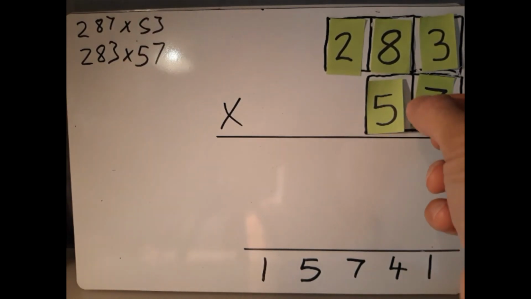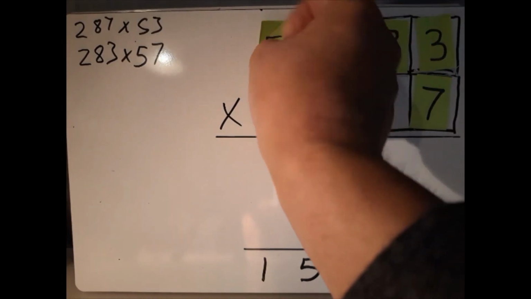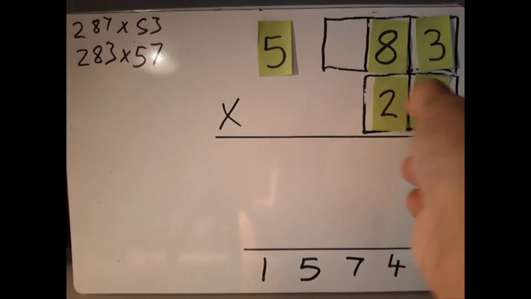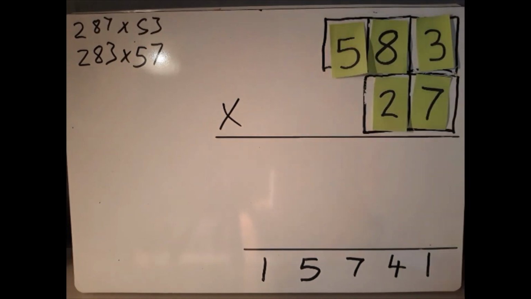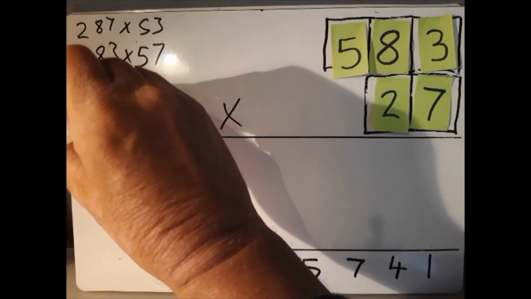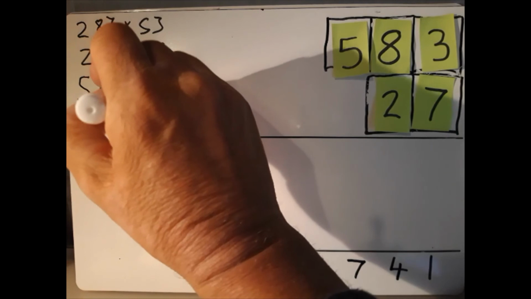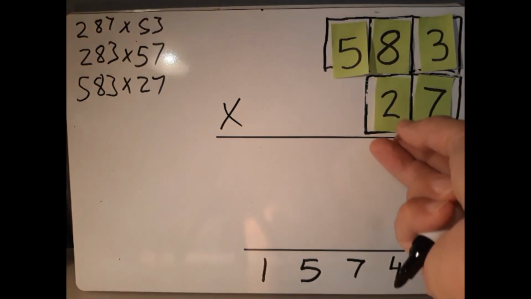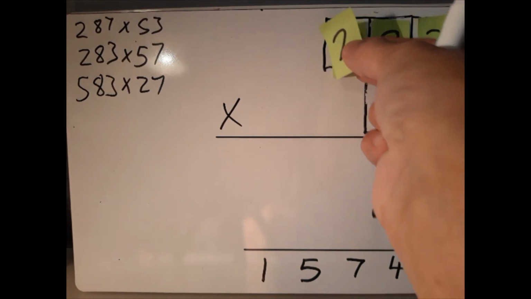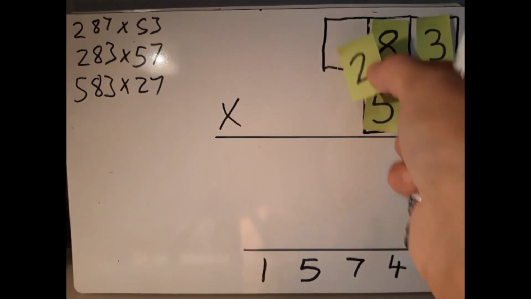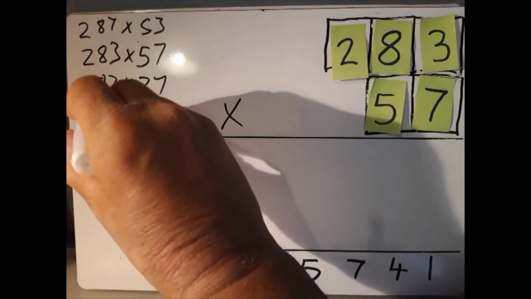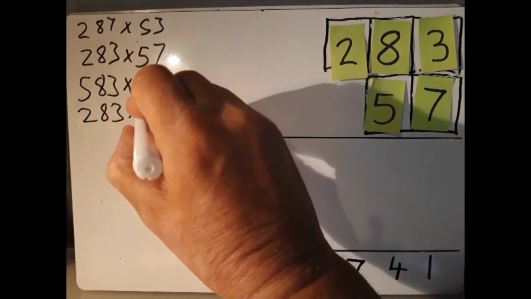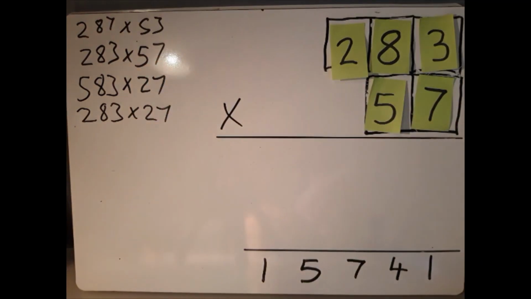The other two possibilities come from swapping these two around. So if we have 58-something, it could be 583 times 27, and we could then swap those around as well, and we could have 283 times 27.